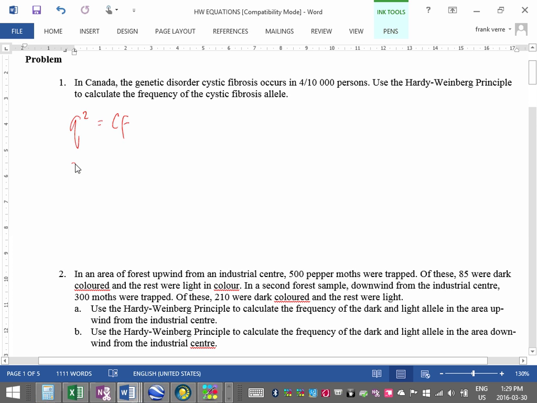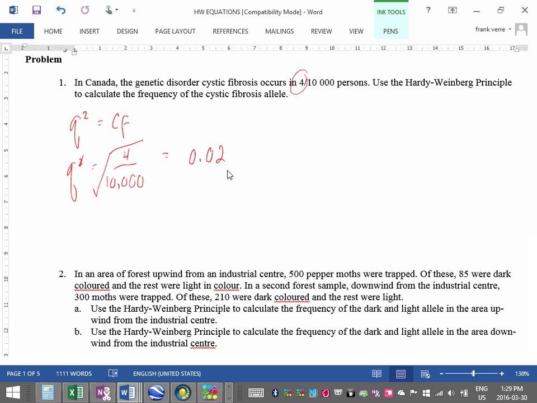Q squared in this case is 4 with the disease out of 10,000. We take the square root of this, so that should be 2 out of 100, which is 0.02. So 2%. The allele is 2% in the population.